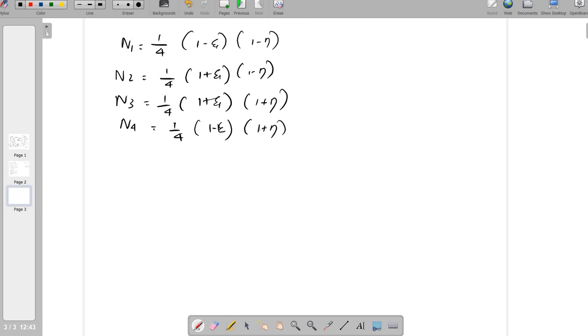Once you get the shape function, we can write x is equal to n1 x1 plus n2 x2 plus n3 x3 plus n4 x4 for the x direction displacement. For the y direction, n1 y1 plus n2 y2 plus n3 y3 plus n4 y4.